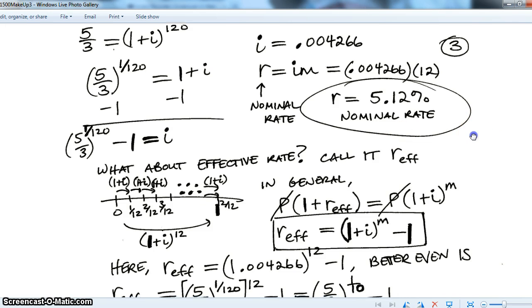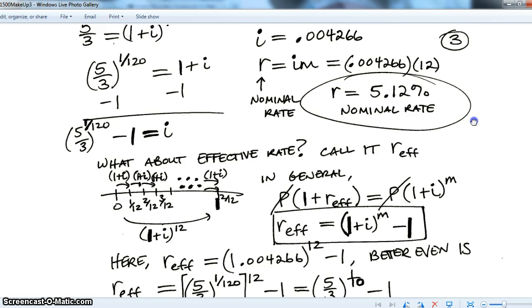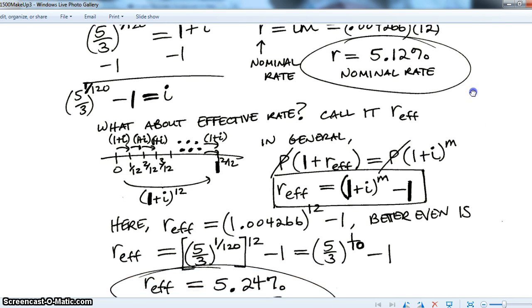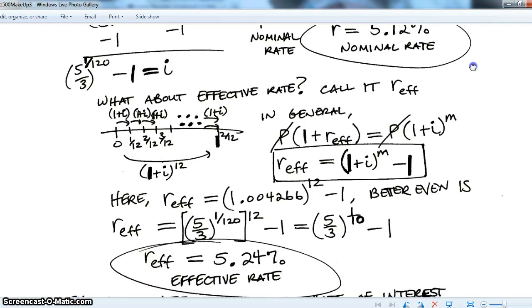But we want to know what the effective annual rate is. So how can we figure what that means effectively? So to think about effective rate, let's go and look at over here. What we've got is 1 year goes from time 0 to time 1. And we're chopping it up into 12 pieces each month. 1/12, 2/12, 3/12, and so on.